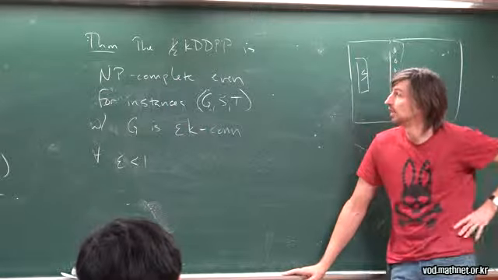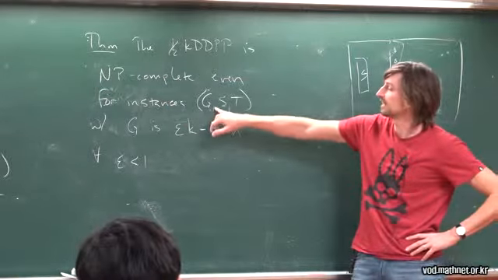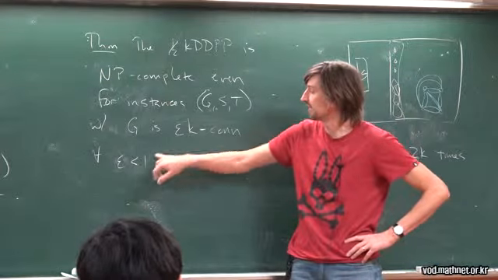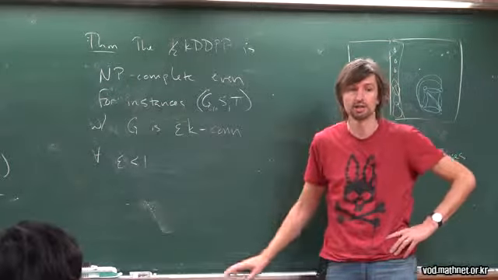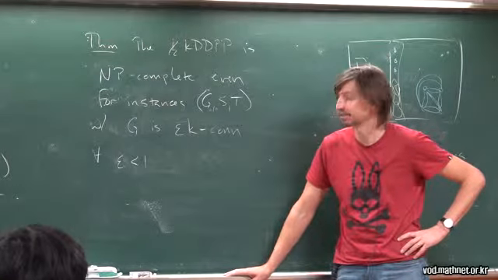So it's NP complete even for highly connected instances, where highly connected here is epsilon k. I can get arbitrarily close to k connected.